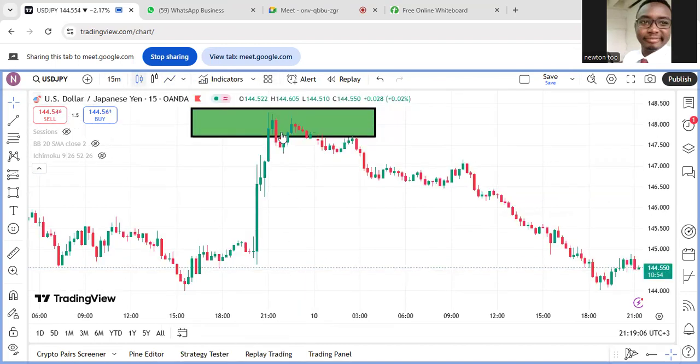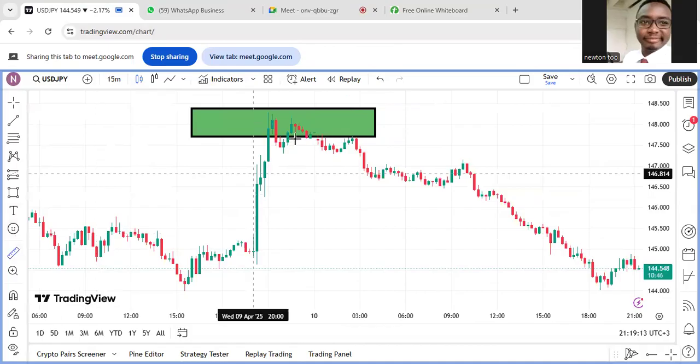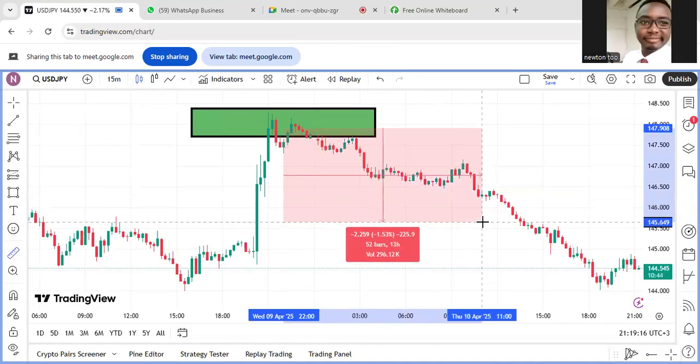So you could come here, entry here, stop loss above here. Then you mark the trend as a downtrend because it's long term. That means you're going to do a swing trade because you got a confirmation on a higher time frame, but you took advantage of a shorter time frame to get a slightly smaller SL than going to the H4 to get a big stop loss, which will affect your risk to reward ratio.